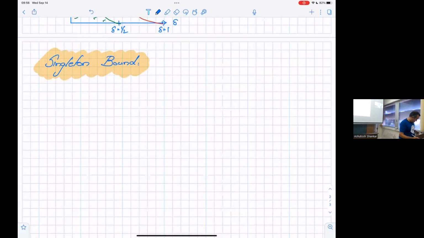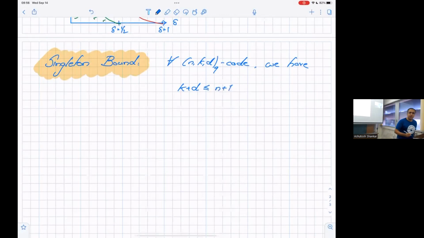It says that for all (n, k, d)_q codes, notice that in Singleton I'm going to move away from the binary alphabet because the statement will be true for all q, not just one. We have that k plus d, if you look at the sum, can be at most n plus 1. This is independent of q.